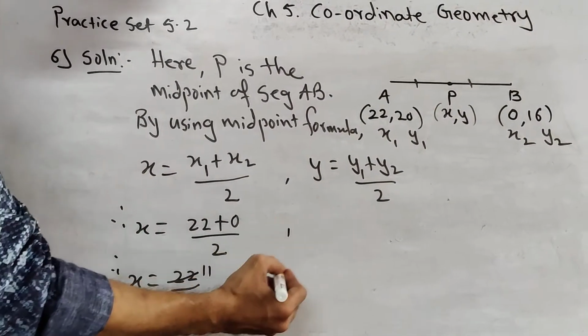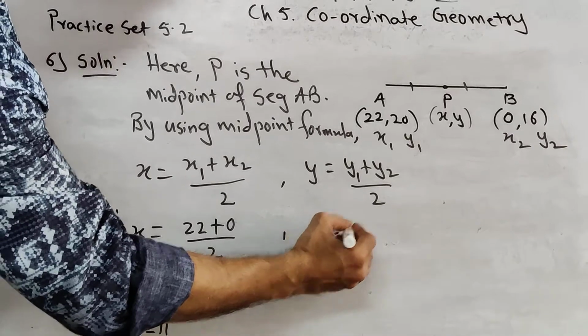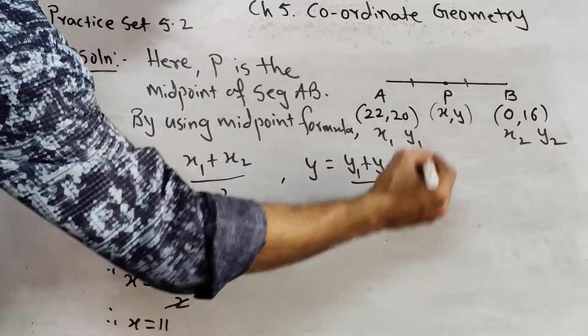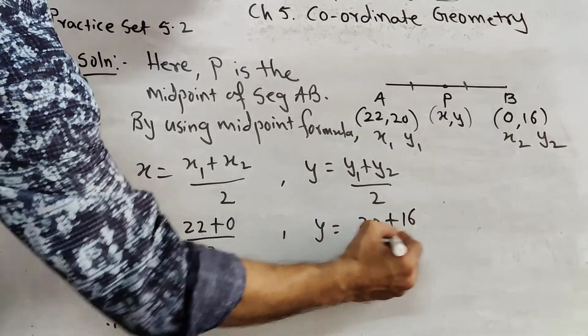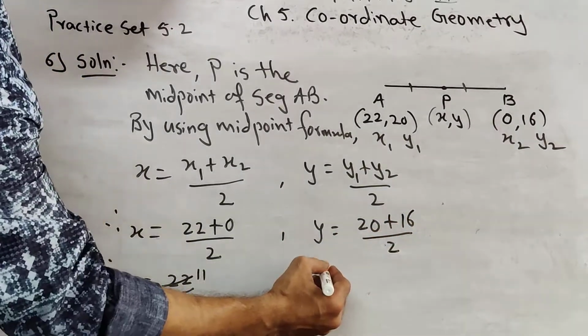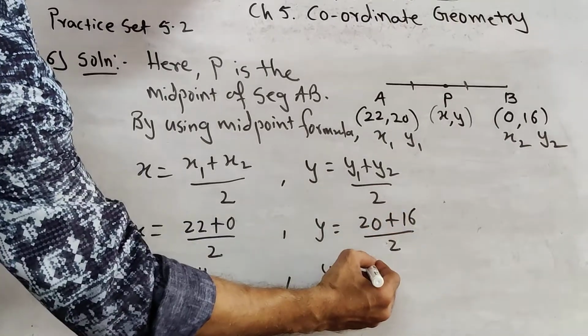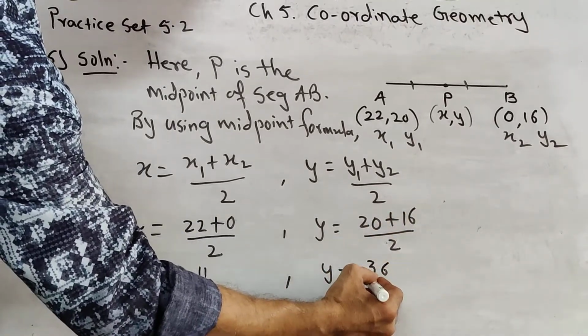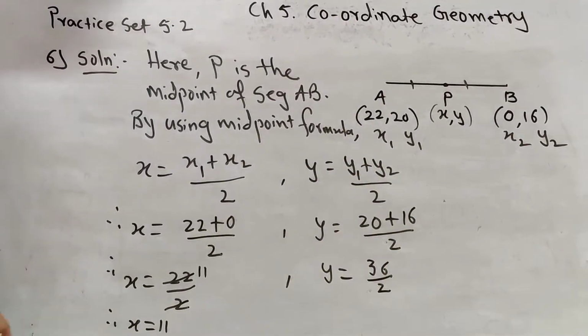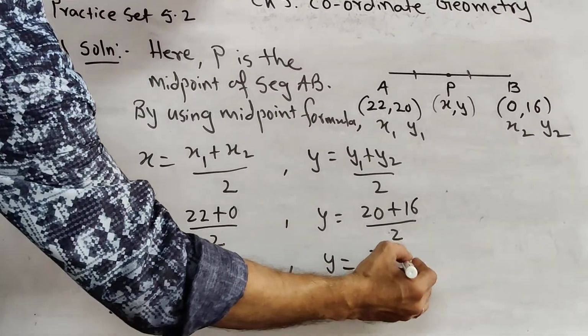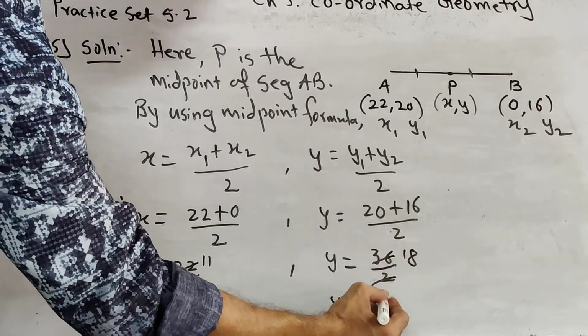And y is equal to (20 + 16) upon 2, that is 36 upon 2, so y is equal to 18.